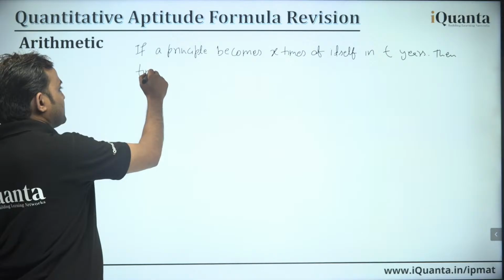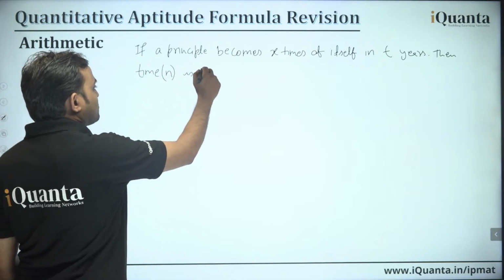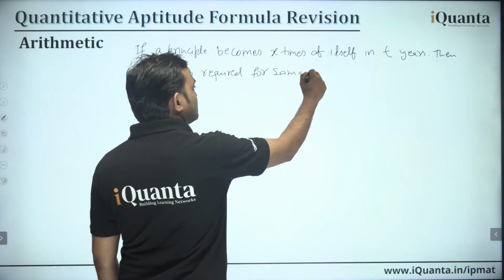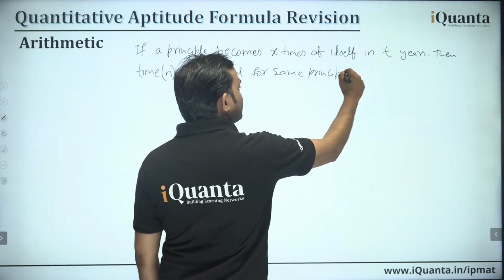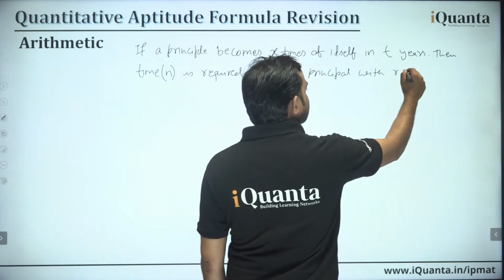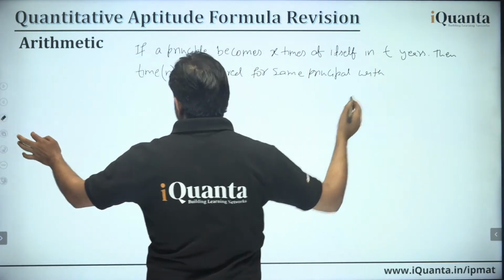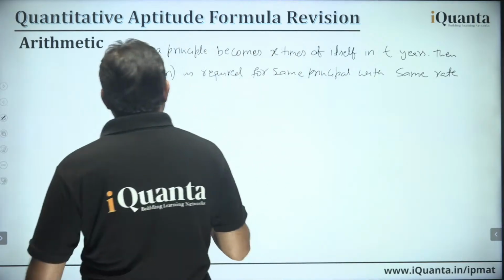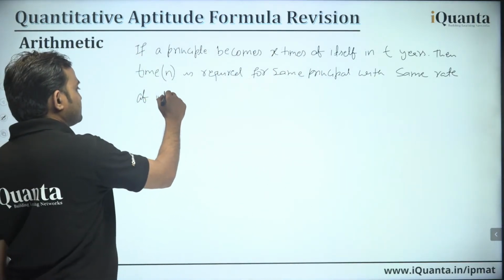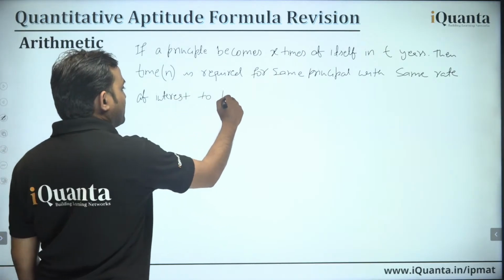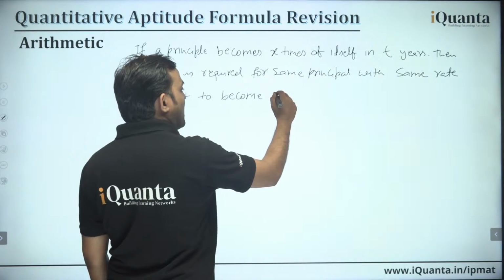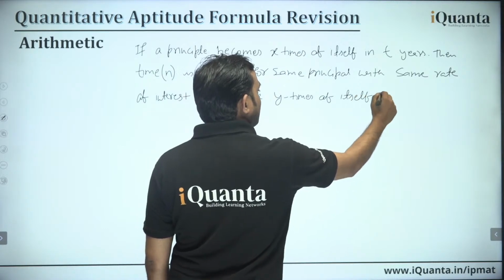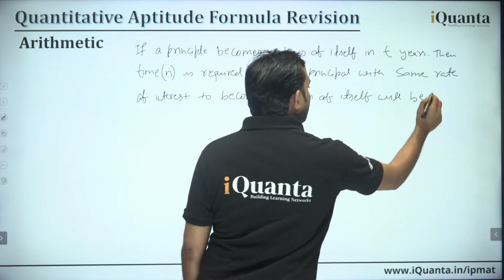time, let's say this is n, required for the same principal with the same rate of interest to become y times of itself will be, what do we do here?